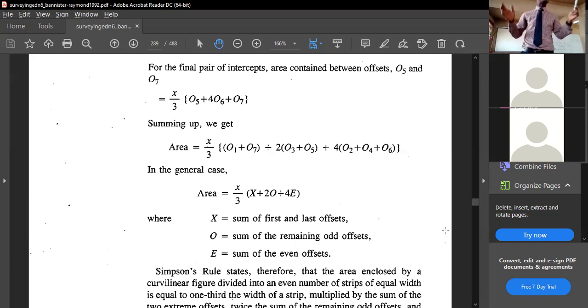X is the sum of first and last offsets. Okay, and we know what the offsets are, isn't it? O is the sum of odd offsets. E is the sum of even offsets.